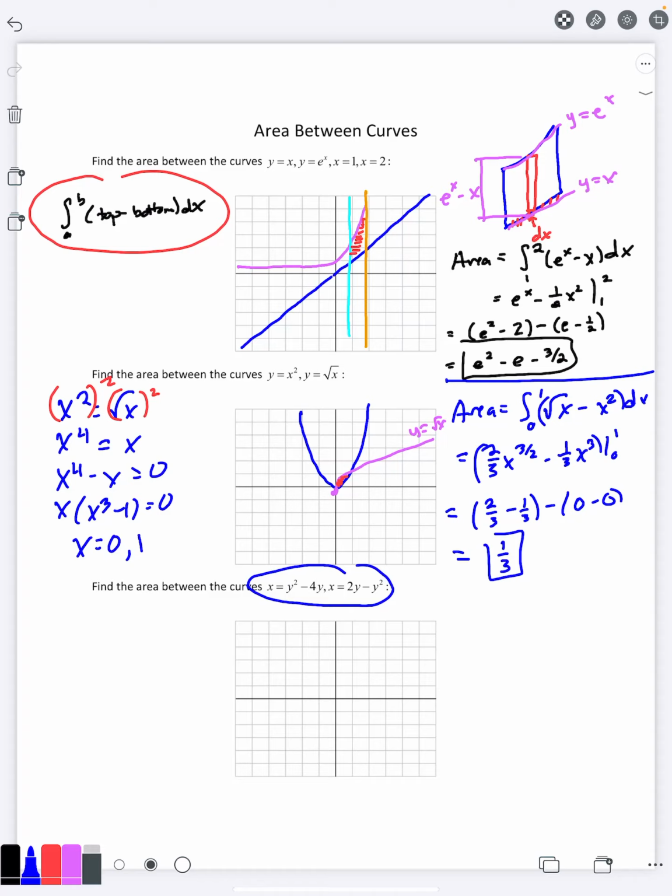So everywhere you see an x, you're going to write a y. And everywhere you see a y, you're going to write an x. So instead of x is y squared minus 4y, I write y is x squared minus 4x. Similarly, instead of x is 2y minus y squared, I write y is 2x minus x squared.